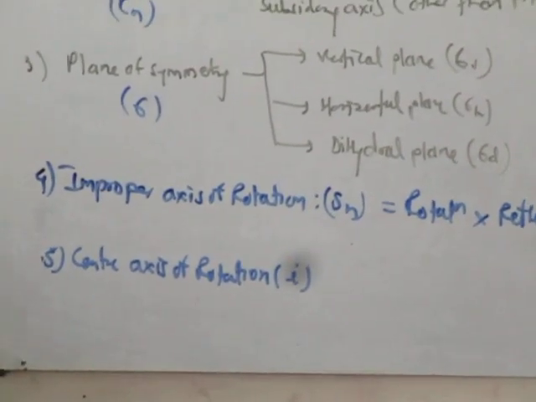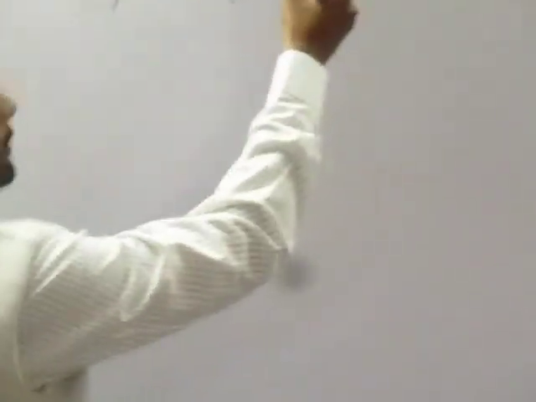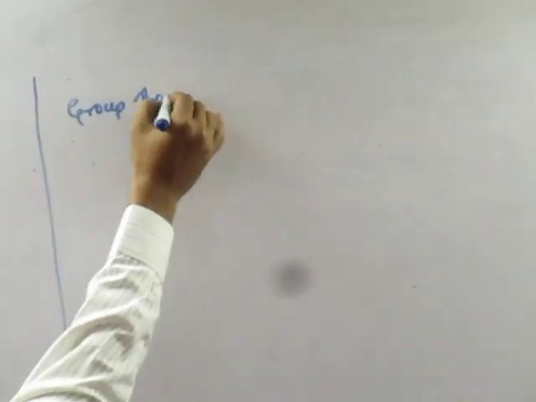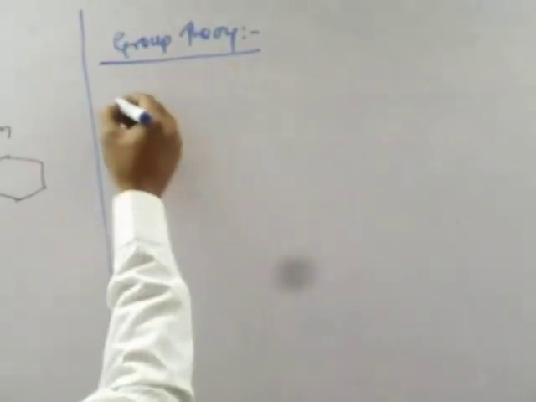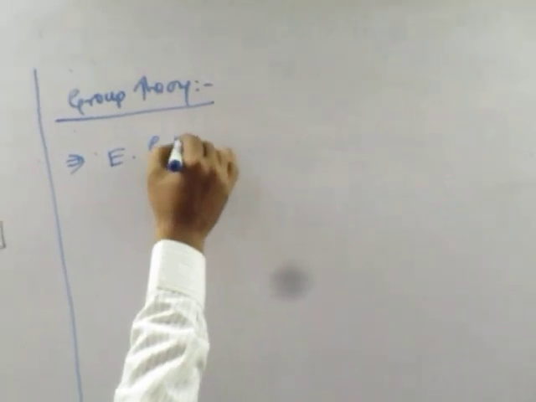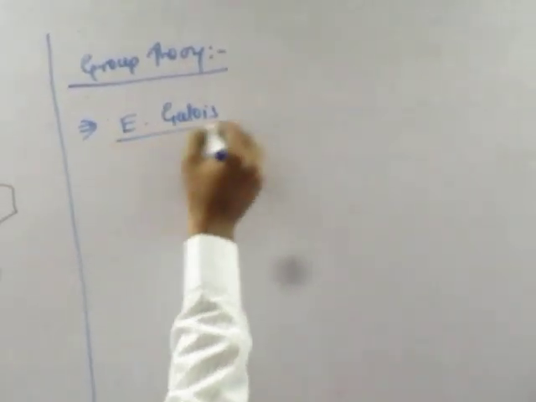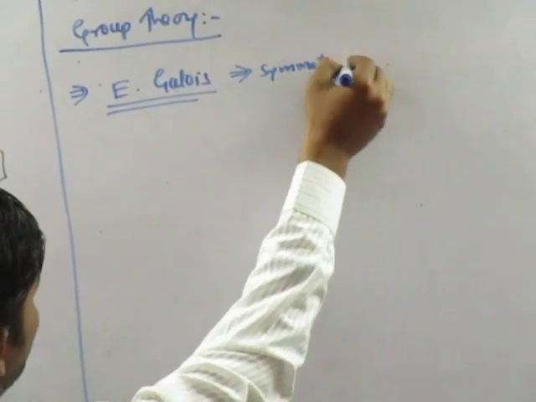Then we will connect all of these symmetry elements with symmetry operations. But first we will see how group theory developed. Group theory started with Galois, a scientist who found the symmetry of an element.